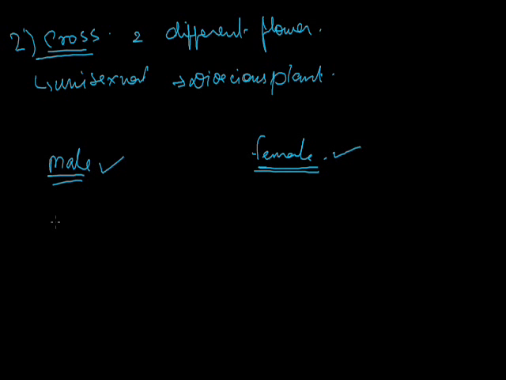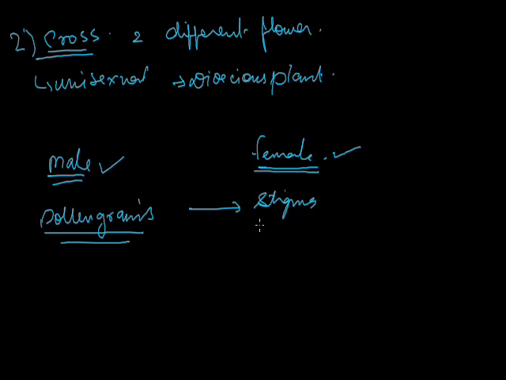Now what will happen? This flower is a male flower, and it is producing the pollen grains. These pollen grains will fall on the stigma of these flowers, and both flowers are present on different plants. So the pollen grains are going from this flower to this flower, but they cannot move by their own.